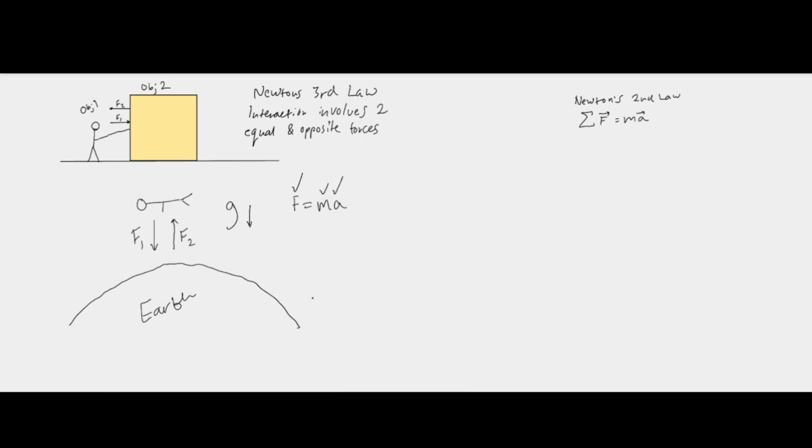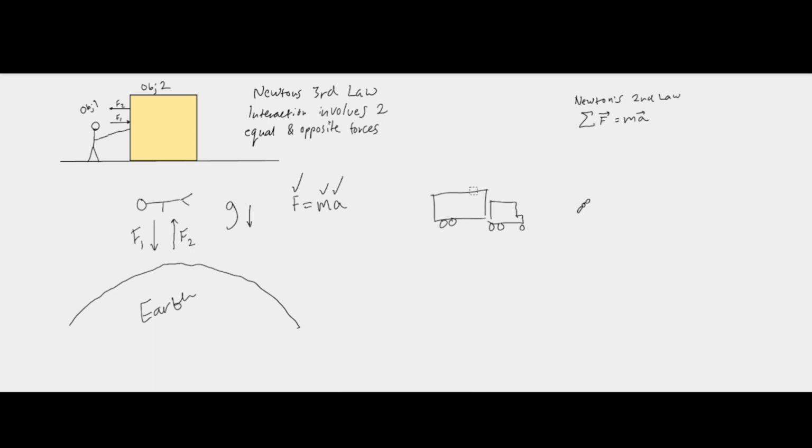Okay, so if that's true, well then, what about some kind of extreme case where there's a truck that's going down the interstate and it hits a mosquito, and the mosquito is flying towards the truck, and the truck is moving towards the mosquito. So, what happens then?